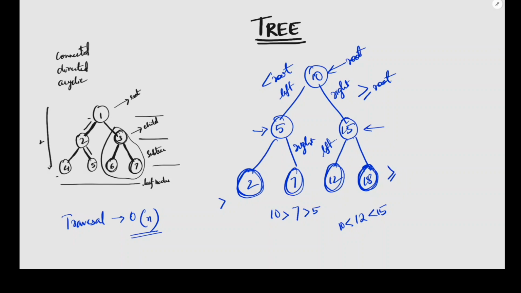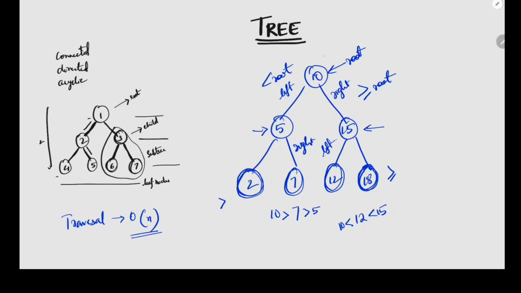And the purpose of storing the values in this manner is because it makes the searching process easier, hence the name binary search tree. When you're trying to search if a particular value exists in a tree, at each step of the search, you can eliminate the entire subtree. Imagine I'm searching for the existence of value 2 in this tree.